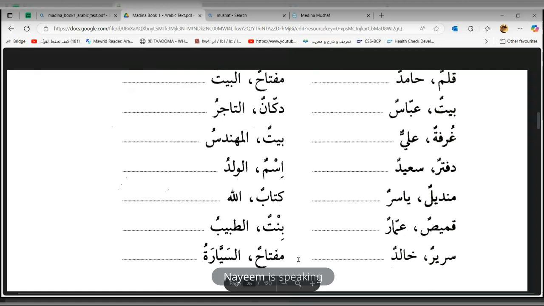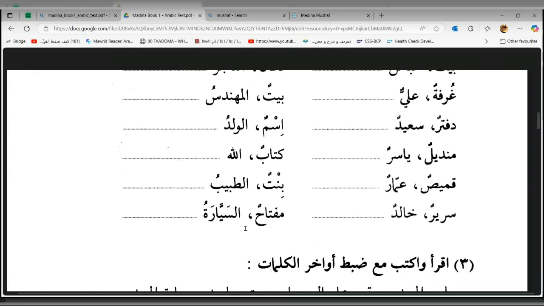Miftahus-sayyarati. That means the key to the car, the car's key. Bintut Tabibi means the doctor's daughter.